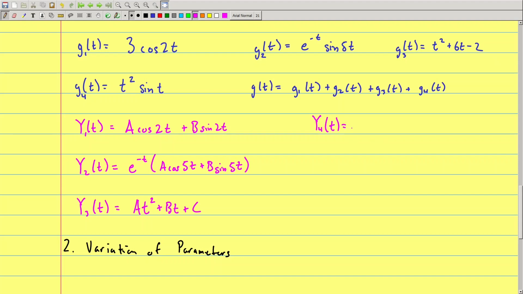For y4, this is the sort of thing we have to be careful about. Are we sure that this is a thing that we can handle using the method of undetermined coefficients?